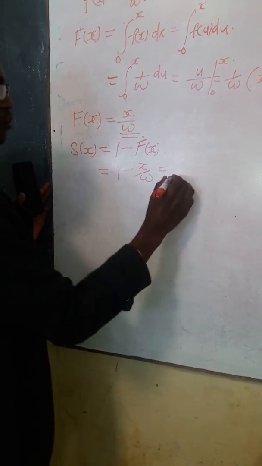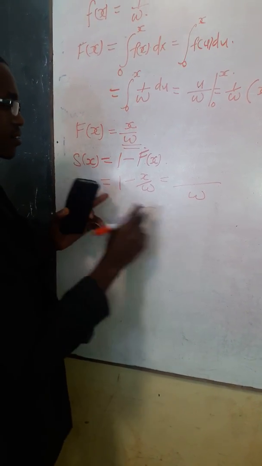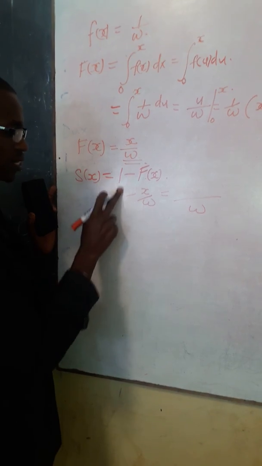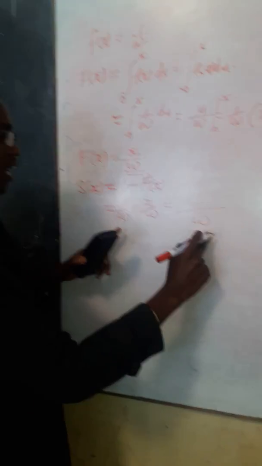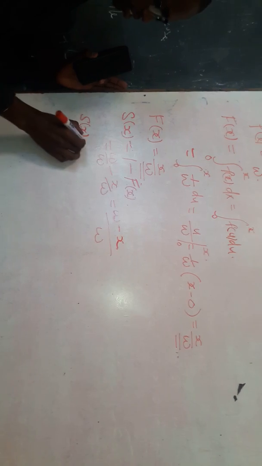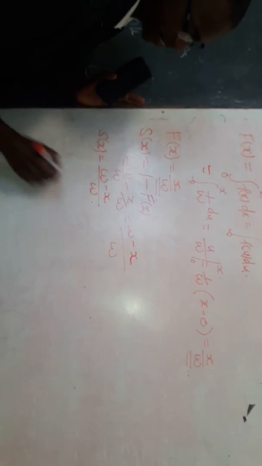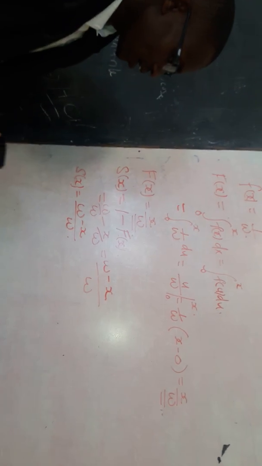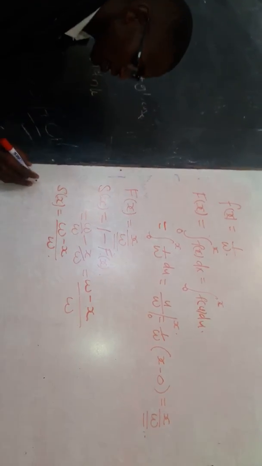When we take the LCM, we can write 1 as omega over omega. Therefore we have omega minus x over omega. So our survival function will just be omega minus x over omega.